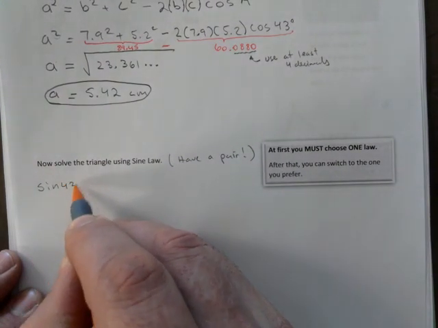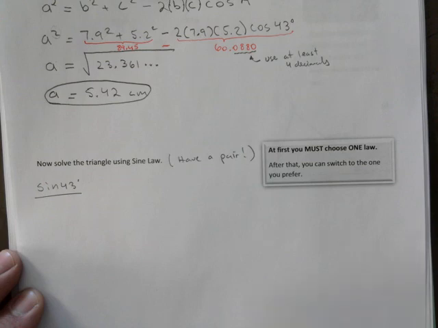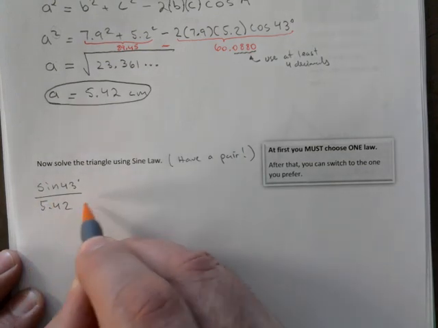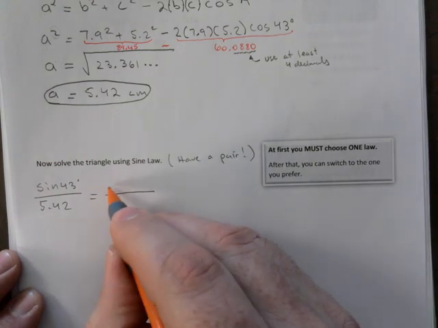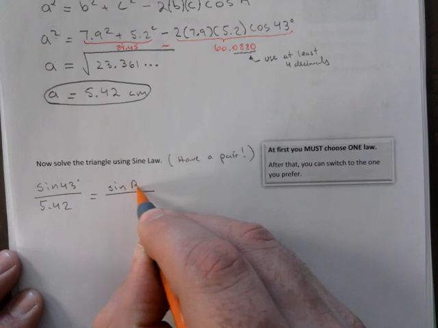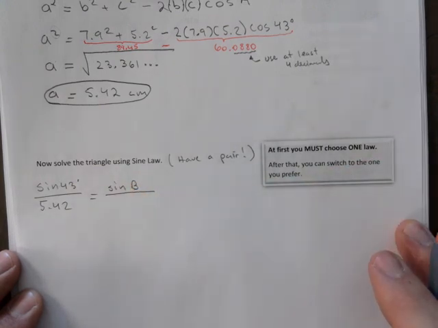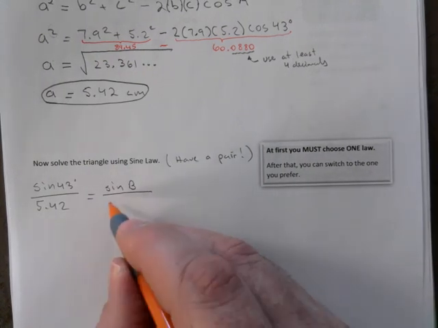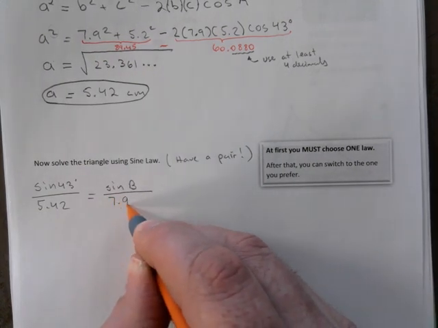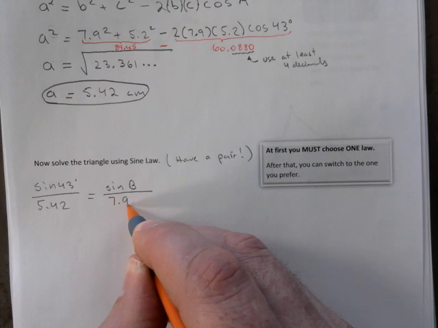So sine of 43 over 5.42 is equal to, which angle do we solve for first? Doesn't matter. We're going to go sine of B. What's across sine of B? Look at your diagram. Side 7.9, right? That's actually the longest side.